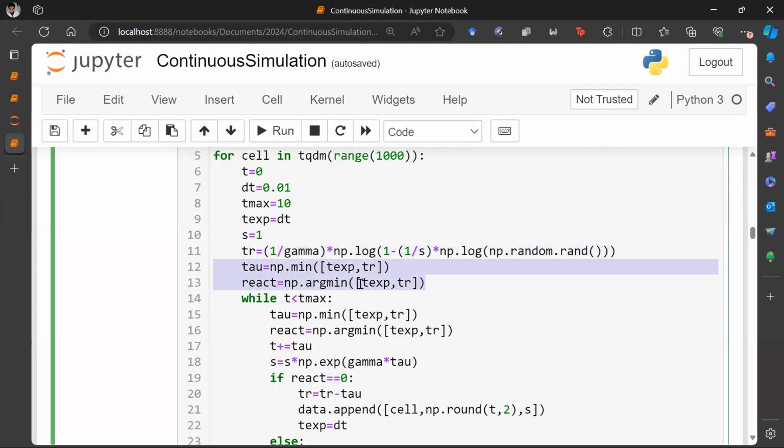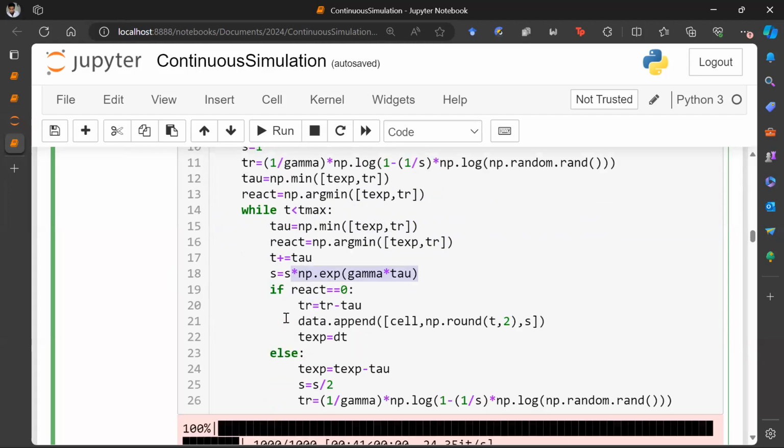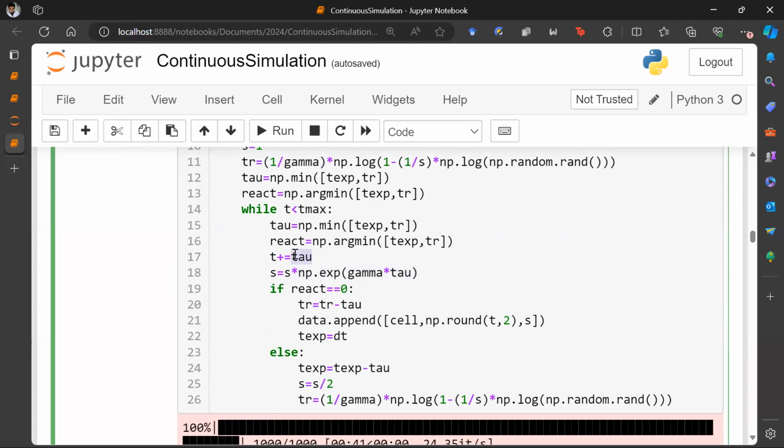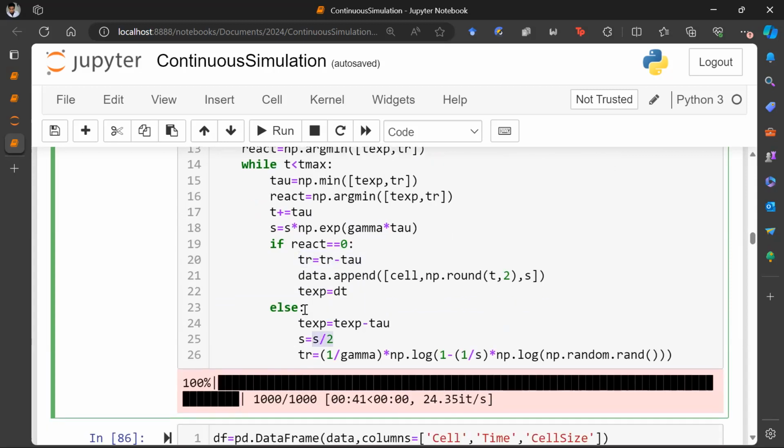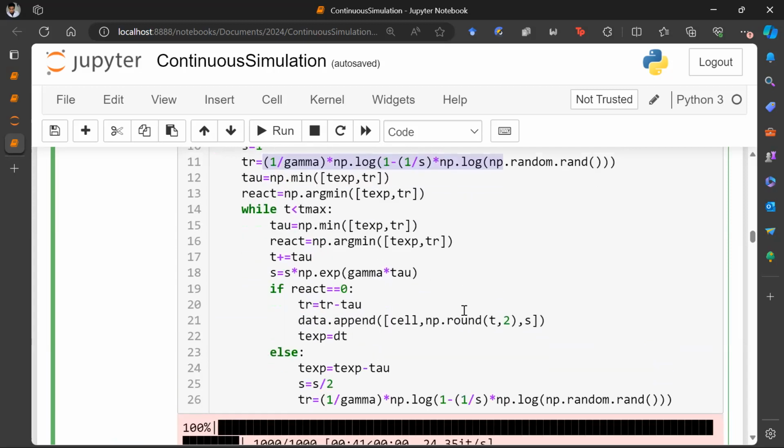And I do something similar: I compute the exporting time and the reaction time, and select the minimum. During this time, I let the continuous system evolve, in this case growing exponentially. After this tau time increases, I export if the reaction is exporting, or just divide if the reaction is division, and I calculate a new time for reaction that follows this same formula.